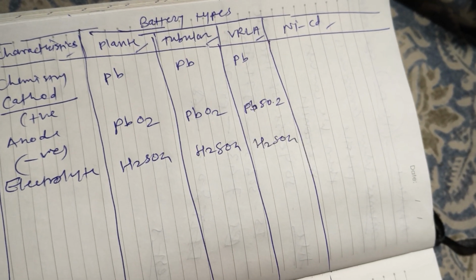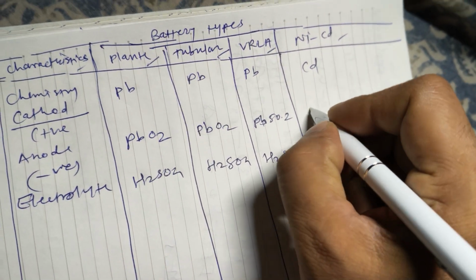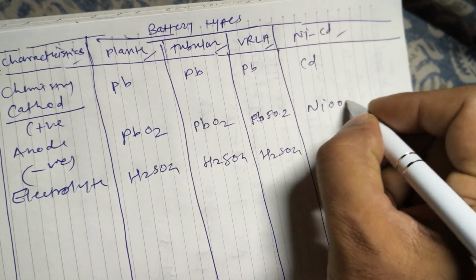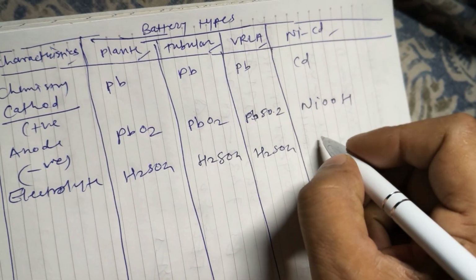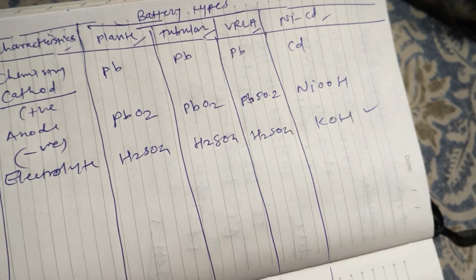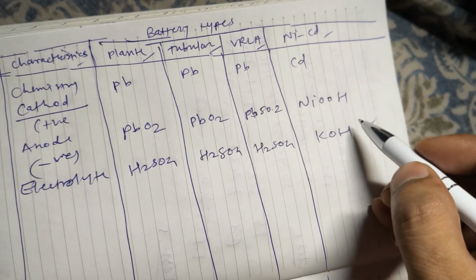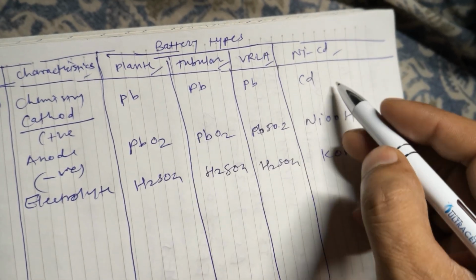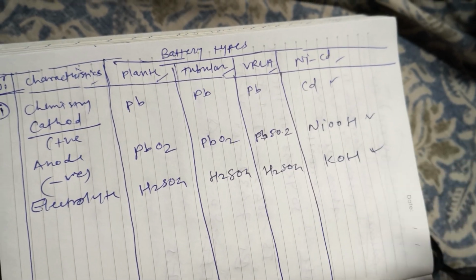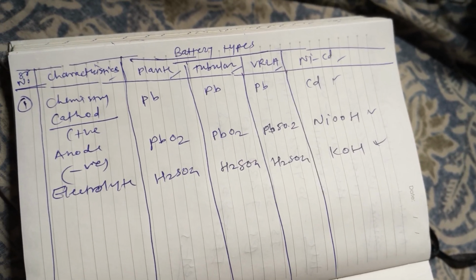Only in NiCd battery, cadmium is used, and NiOH is there and KOH. This is the aqueous solution. So these anode and cathode materials are used.